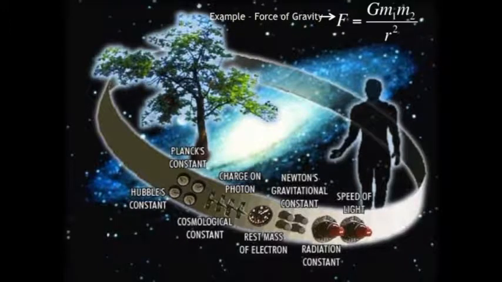Now, when we look at this fine-tuning of the universe, if you look in the right-hand corner of the picture you're seeing there, you'll see the mathematical equation for the force of gravity. All of these other physical constants, like Hubble's constant and Planck's constant and the charge on protons, the cosmological constant, and such, each of them has a mathematical formulation that shows exactly how they're set.